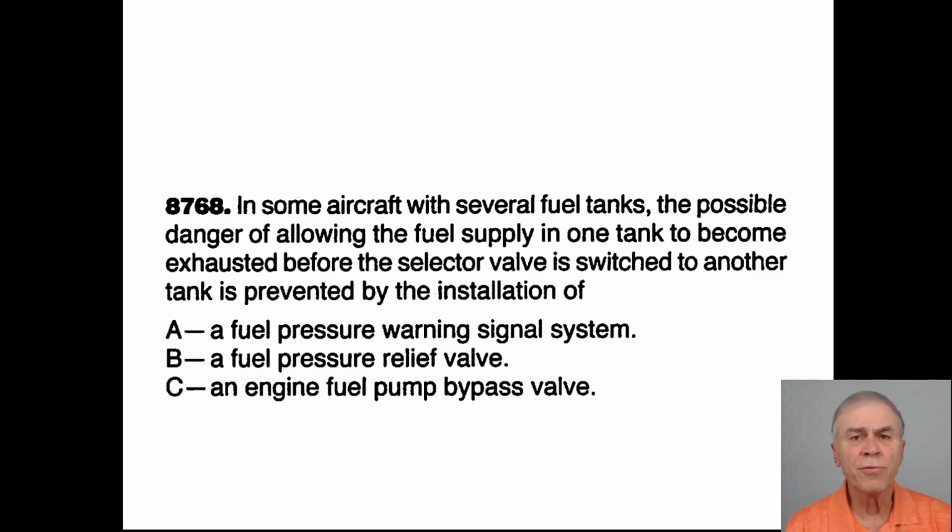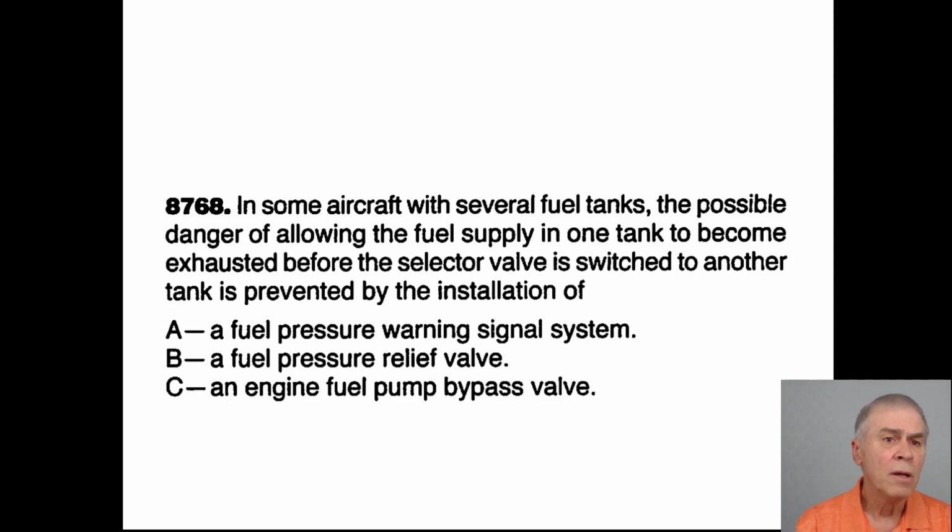In some aircraft with several fuel tanks, the possible danger of allowing the fuel supply in one tank to become exhausted before the selector valve is switched to another tank is prevented by the installation of: A, a fuel pressure warning signal system? Yes. Or B, a fuel pressure relief valve?